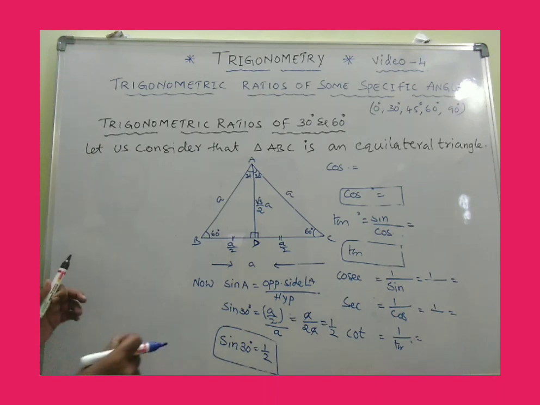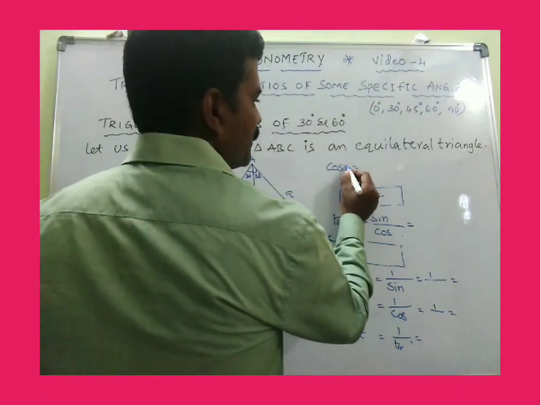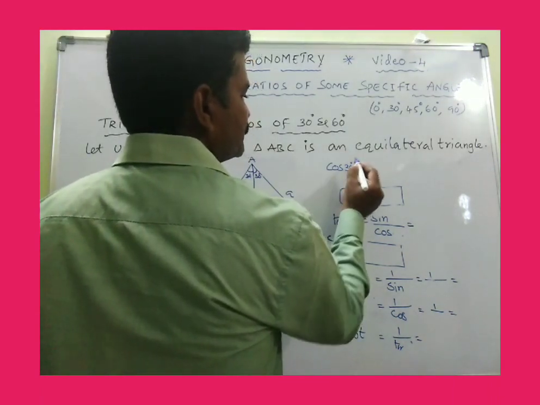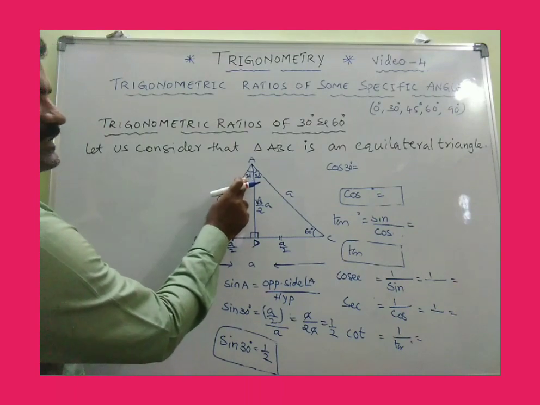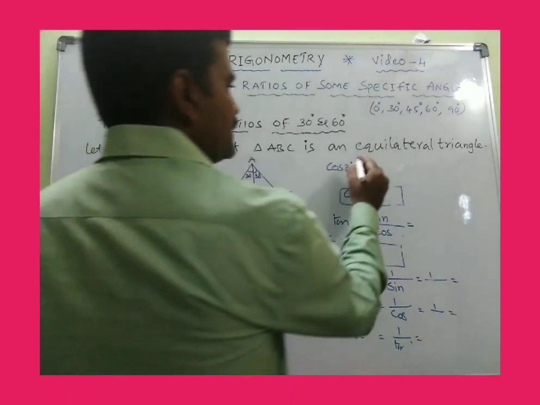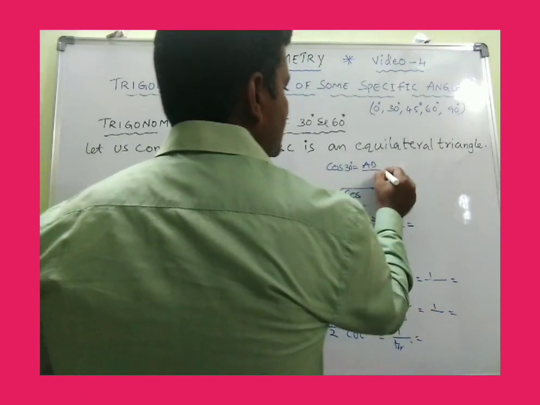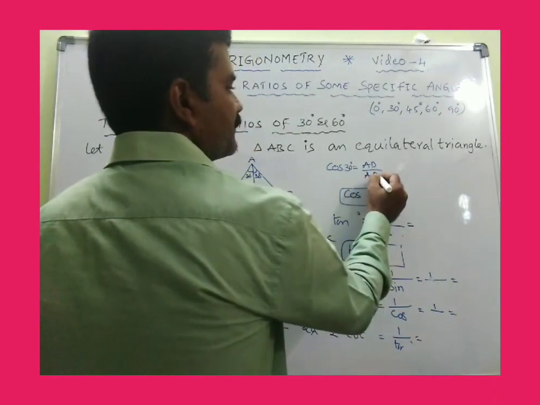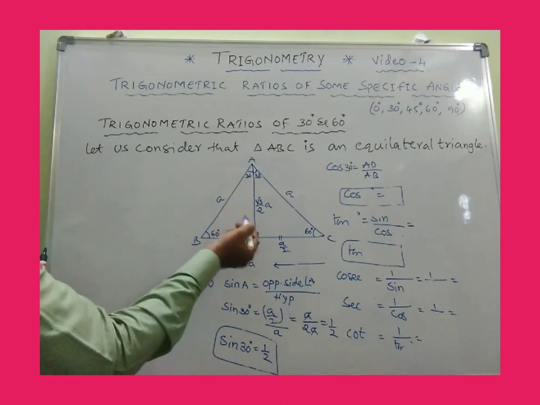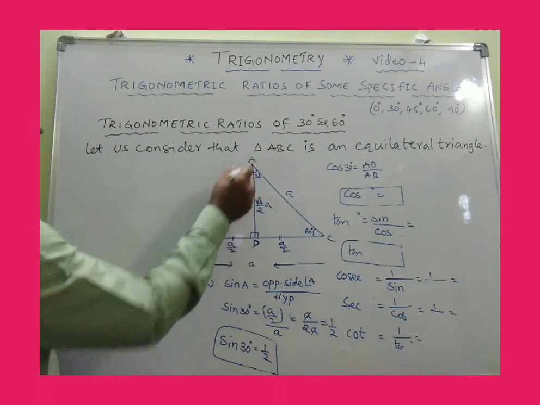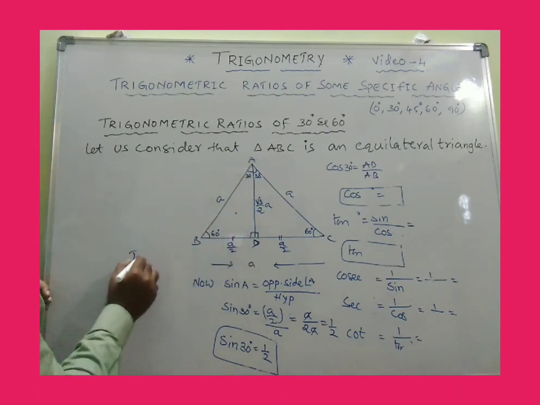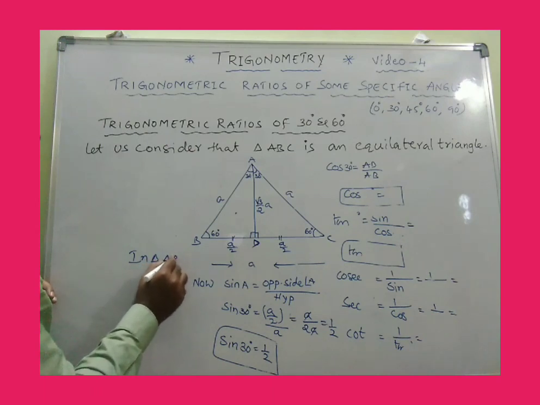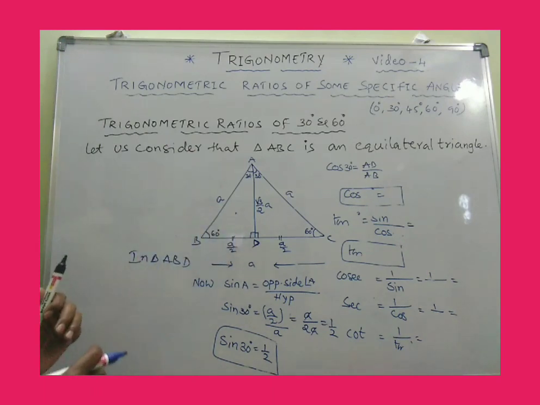Okay, now let us see cos 30 degrees. Cos 30, once again, adjacent over hypotenuse. Actually adjacent side is AD by hypotenuse AB. I am talking about this triangle, in triangle ABD, the first triangle itself.